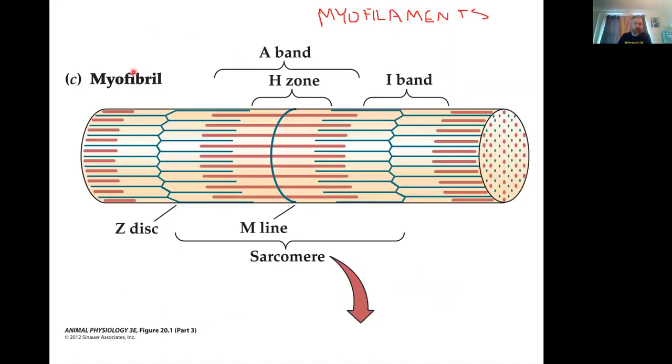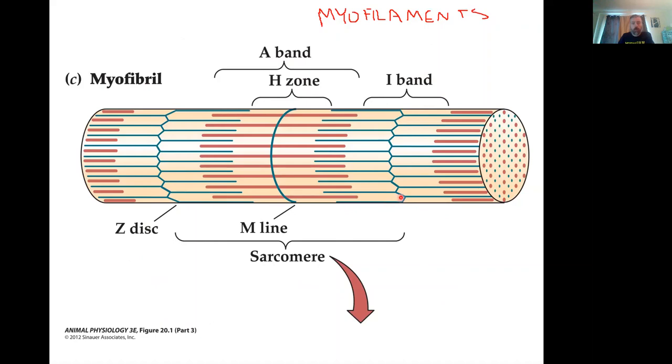The zones and bands here, therefore, have everything to do with how much light passes through or not on a microscope slide. Okay, so we'll start here with the arrangement of the thin filaments. These thin filaments all come off of a central ring. So there's one here, there's one there, also made of actin. And this central ring is called a Z disc.